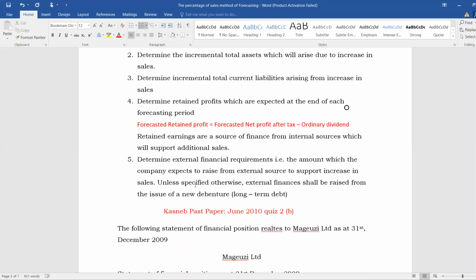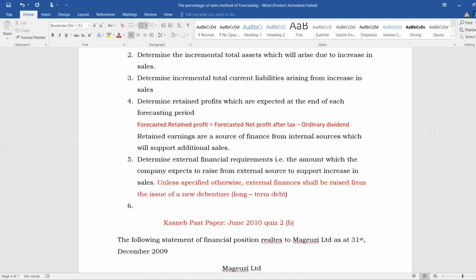But unless otherwise specified, if it's not specified how to raise the additional shortfall, then you may assume the company will go for long-term debt finance. But I think I forgot to put number 5.